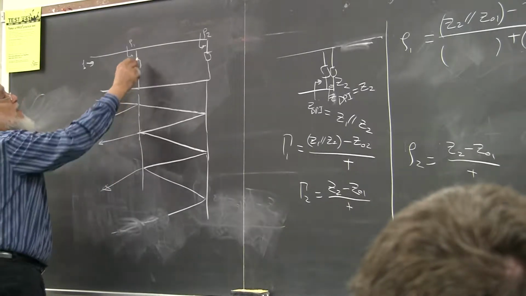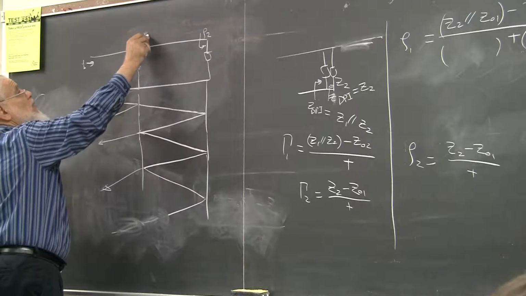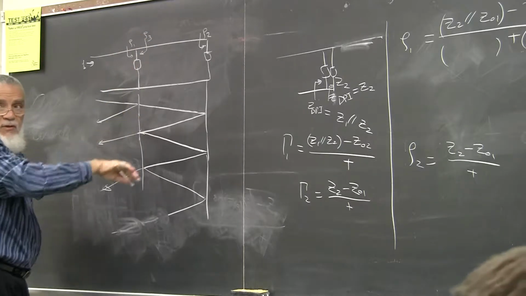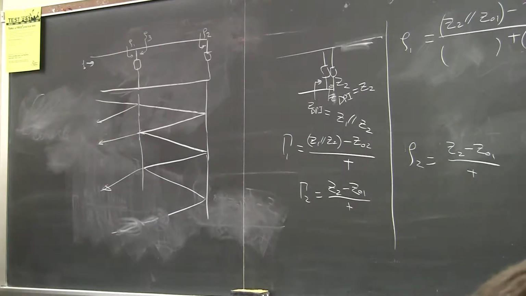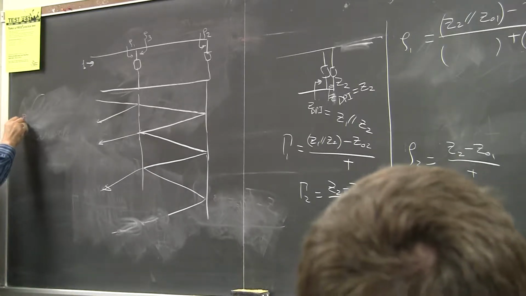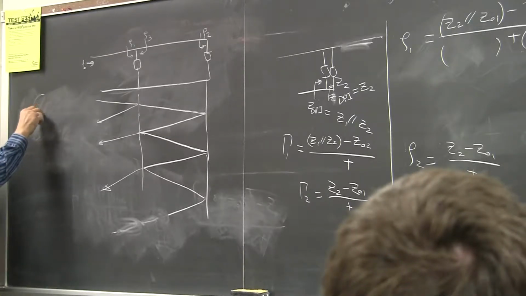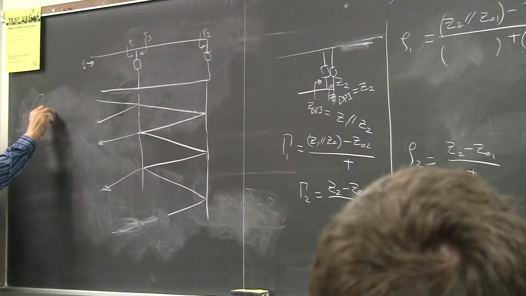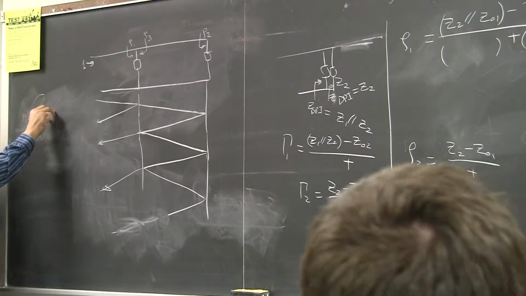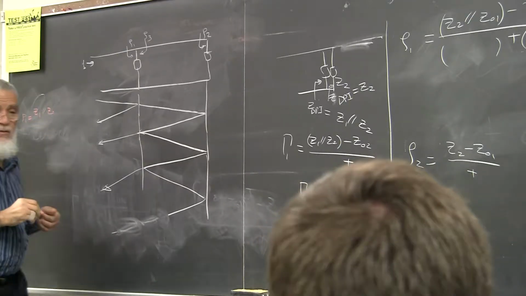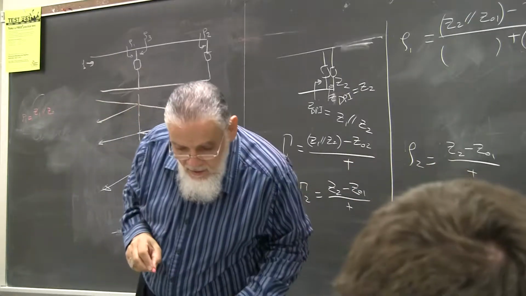So it looks like I need a rho 3 here, because I'm going to be bouncing off that. To really finish my bounce diagram, I need to express rho 3. So rho 1 is equal to Z1 in parallel with Z naught. I forgot which one is Z naught 1 and Z naught 2.